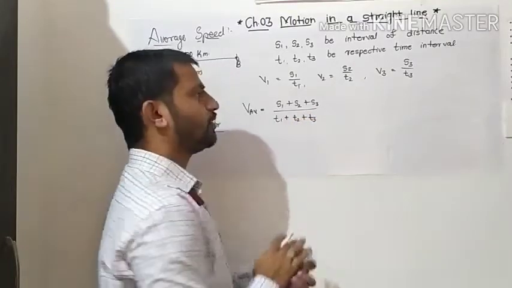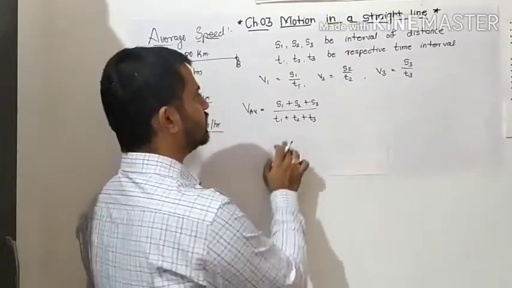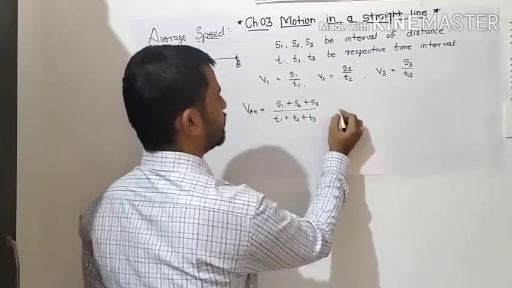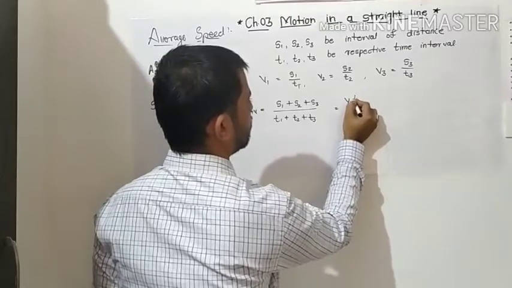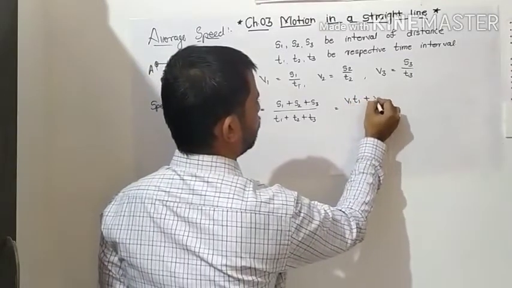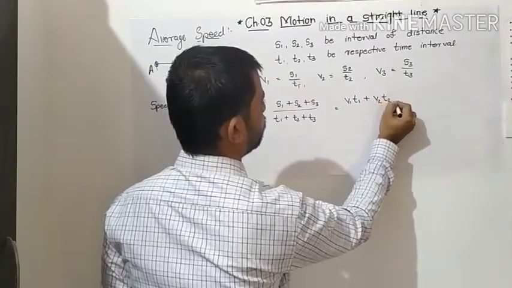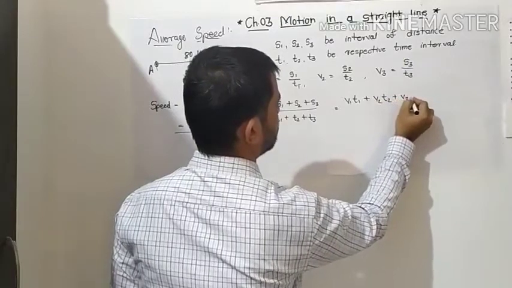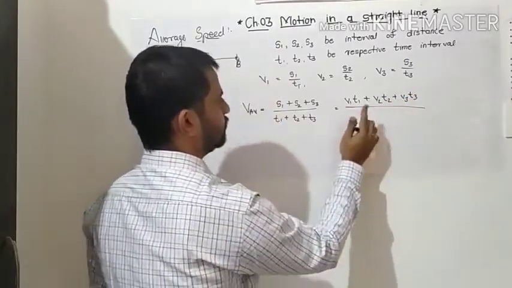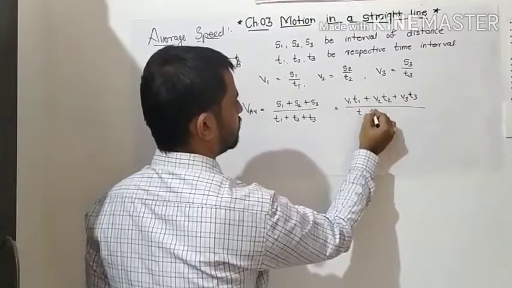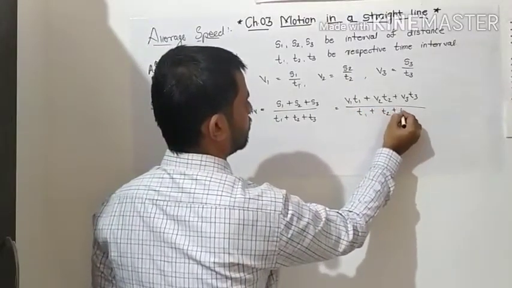Or we can write S1 from this equation as V1 T1 plus V2 T2 plus V3 T3 upon T1 plus T2 plus T3.